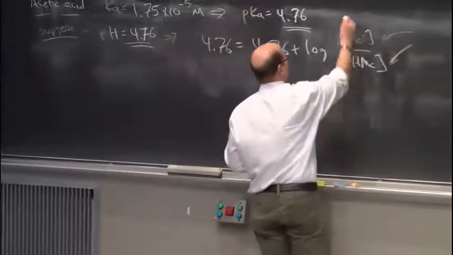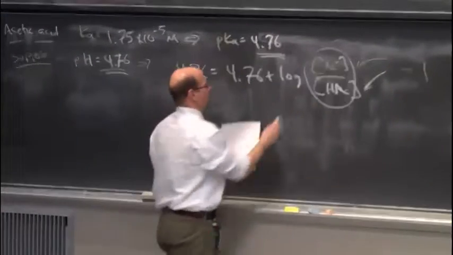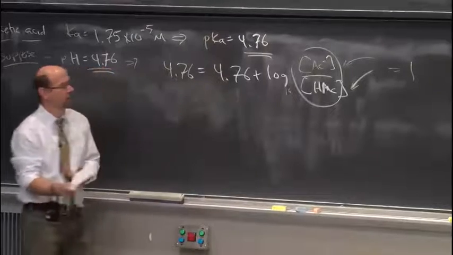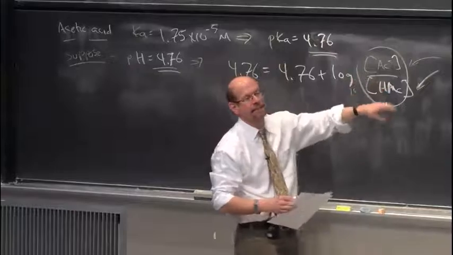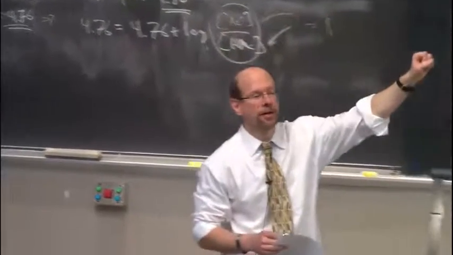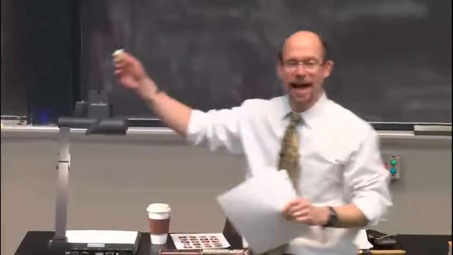This ratio must equal 1 because the log to the base 10 of 1 is 0, and 4.76 plus 0 is 4.76. So what this means is my solution of acetic acid at pH 4.76 has an equal amount of the undissociated acetic acid and the acetate anion.